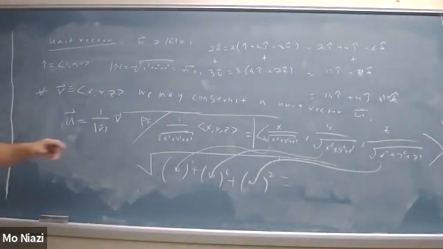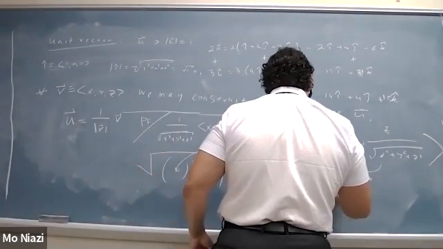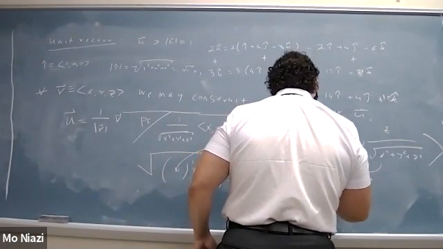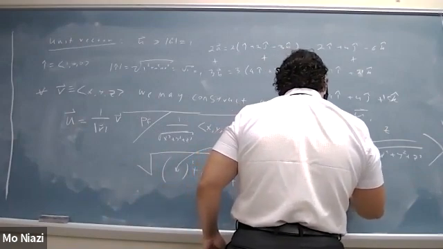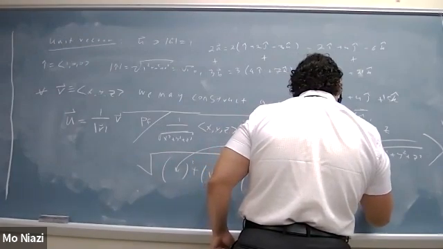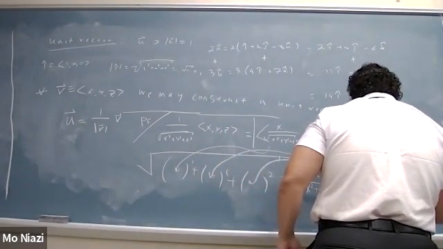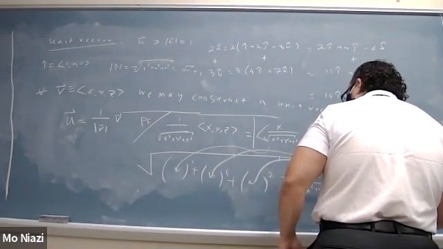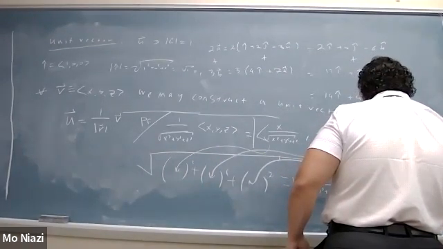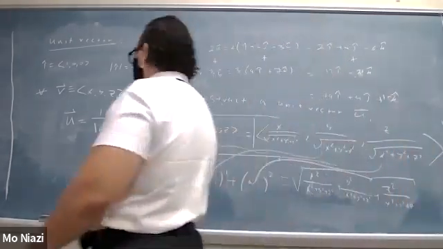Notice that when we square this, we get the square root of x squared all over x squared plus y squared plus z squared, plus y squared all over x squared plus y squared plus z squared, plus z squared all over x squared plus y squared plus z squared. Moving the calculation over here.